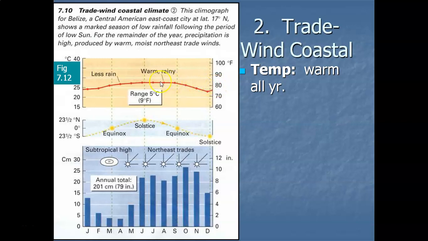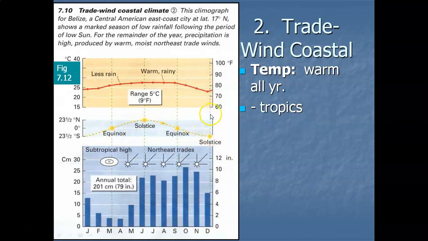I mean, somewhere around 80 degrees. So you got an annual temperature range on average of about 9 degrees. It's really not much. And so if you've got an average temperature of 80 or even 75, that is warm. All right, so it's definitely warm because we're in the tropics all year long with high sun angles.